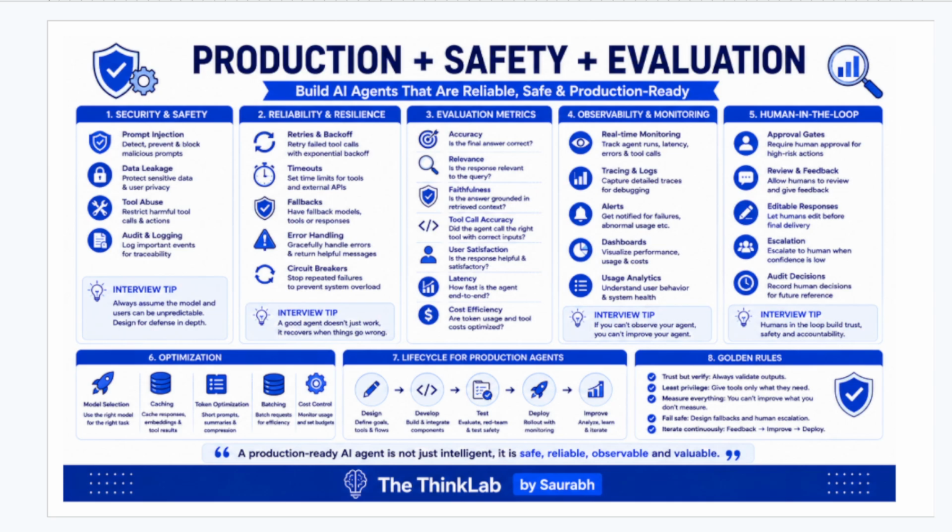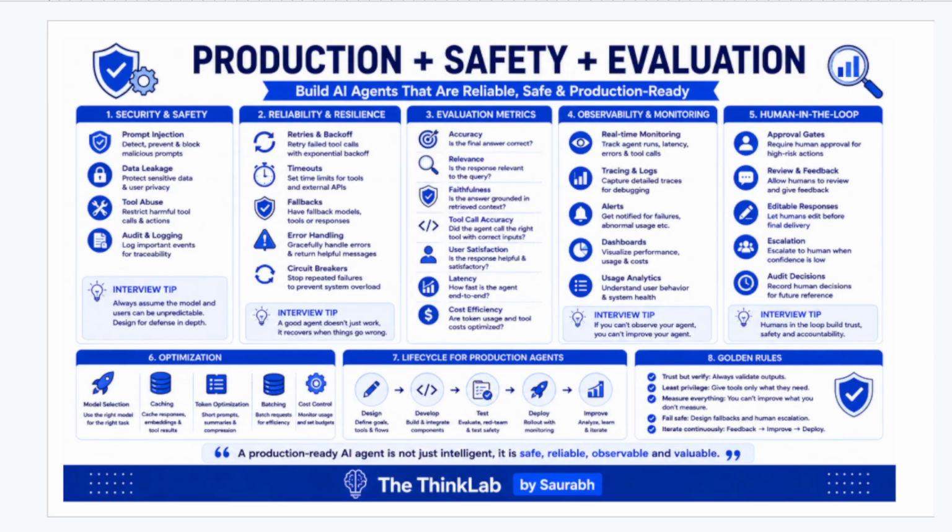Another important concept is human in the loop. For high-risk actions, we may require human approval before execution. For example, sending an important email, deleting data, making a financial transaction, or taking other irreversible actions. Now let's discuss optimization.